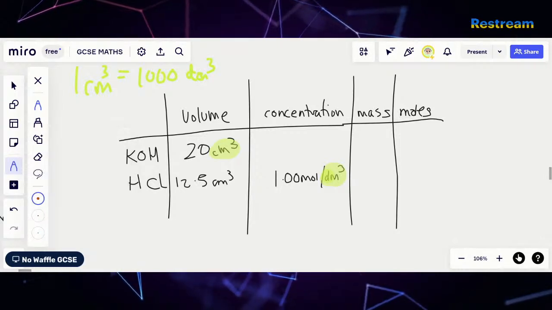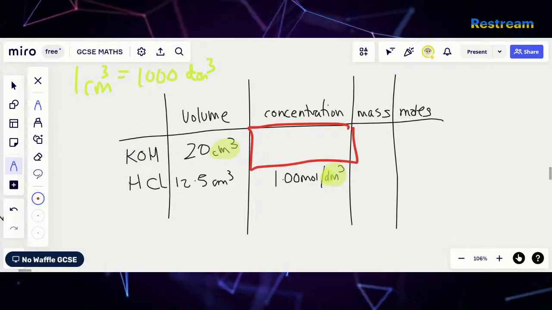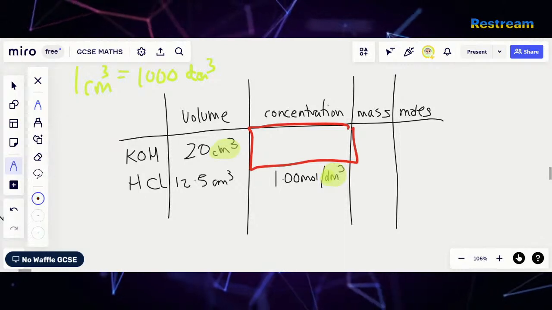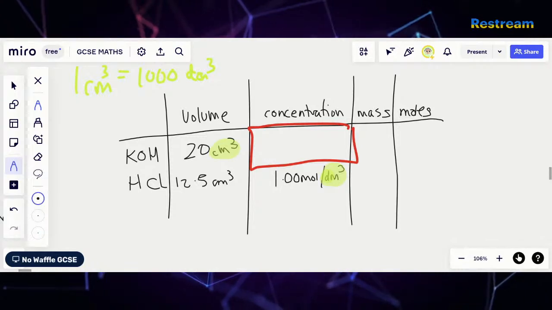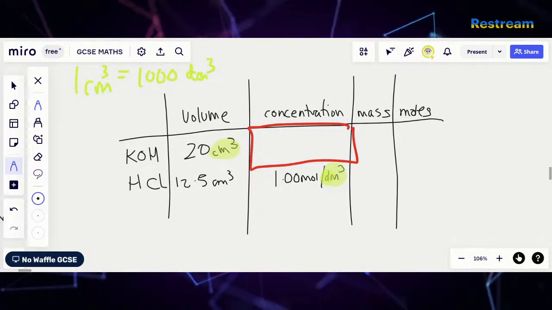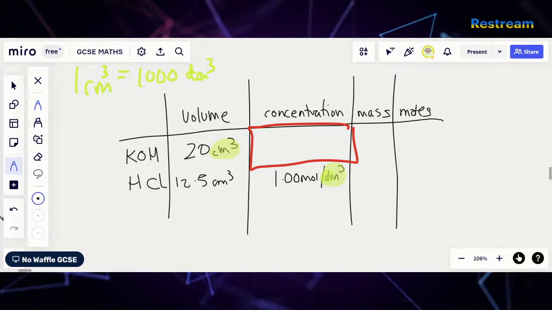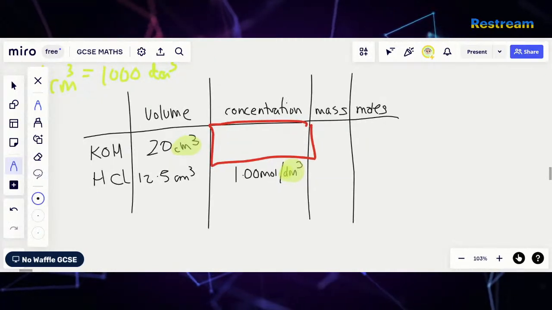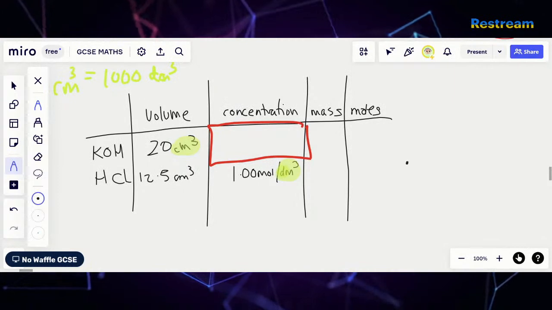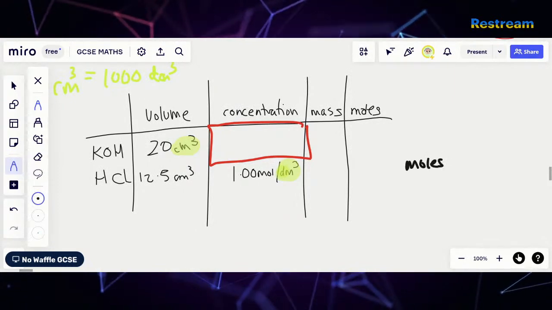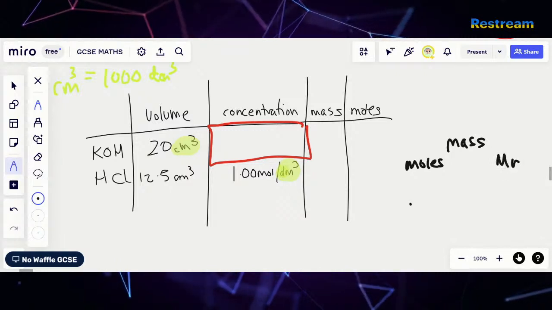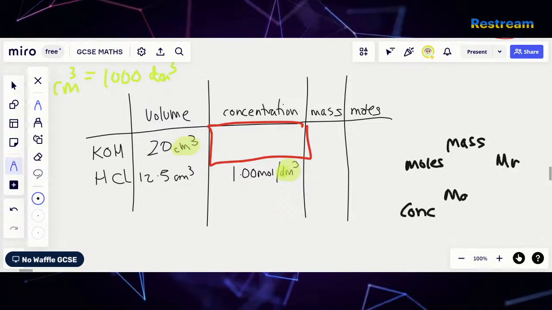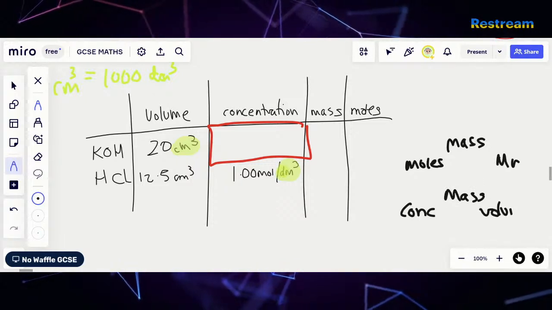Now we can circle what we are asked to find. To find it, we can use our equations. Let's write our two equations: moles is equal to mass divided by Mr, and concentration is equal to mass over volume.